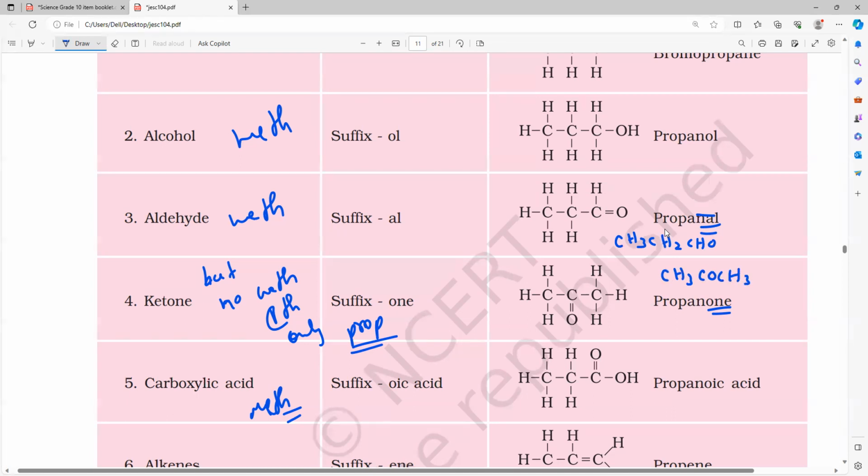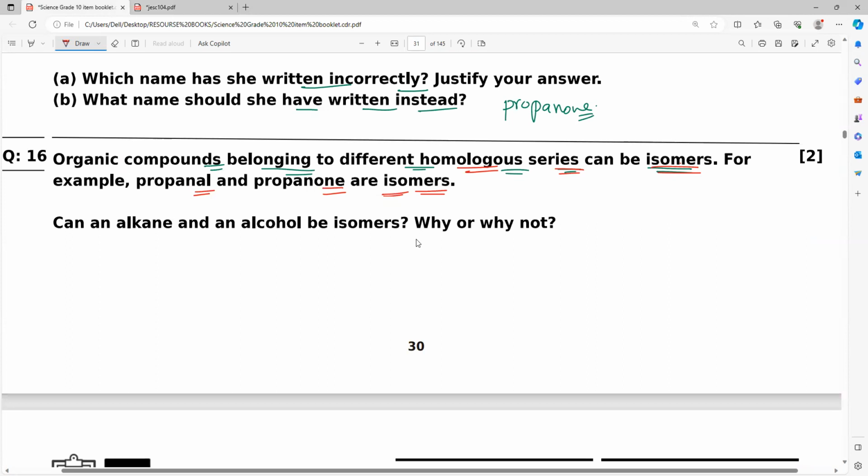If I write this together: C3, H 3 plus 2, 4 plus 1, 6, and O. C3H6O. Both have the same formula. Am I right? Please respond, everybody. Both have the same formula, but they are different homologous series. One is aldehyde, another one is the ketone.